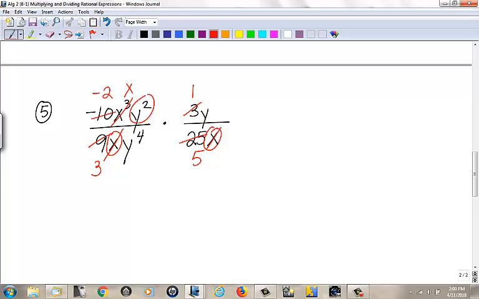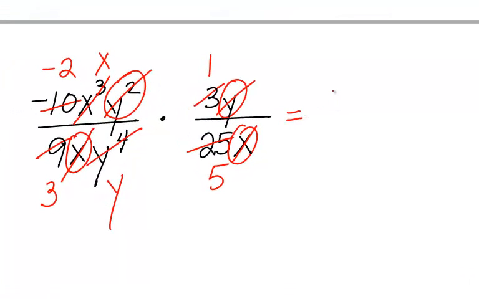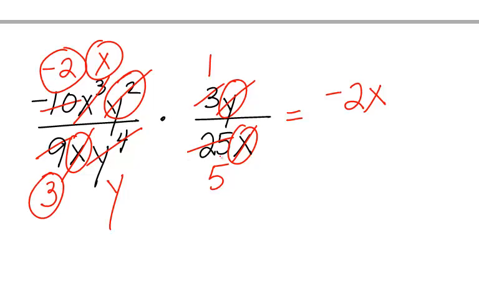I have a y to the second and a y to the first. That's a y cubed. So I could take a y cubed out, and I'd have a y left on the bottom, right? So I have a negative 2x left. And if you want to, you can circle them if that helps you see it. And I have a 3 and a 5. So that'd be a 15 and a y left.